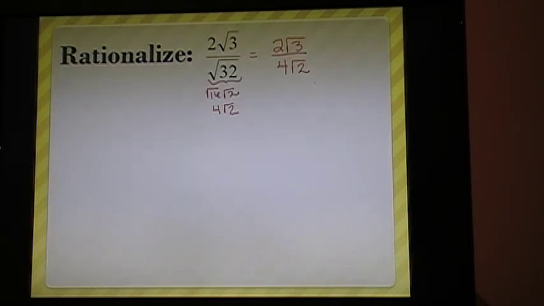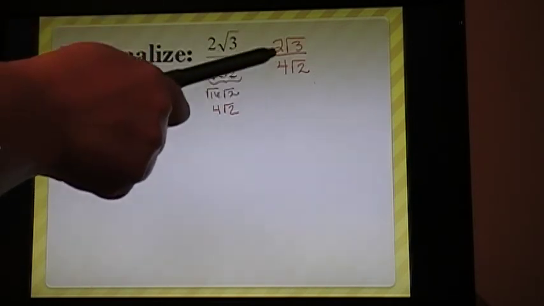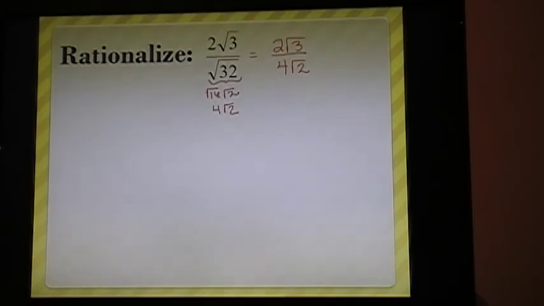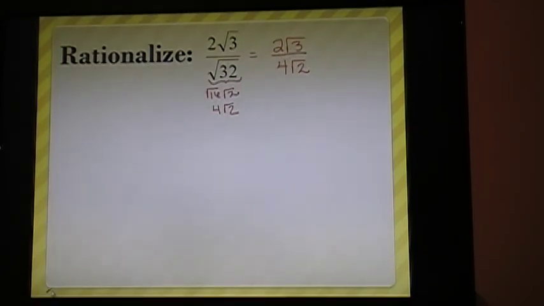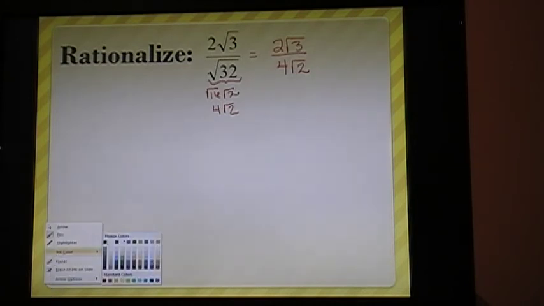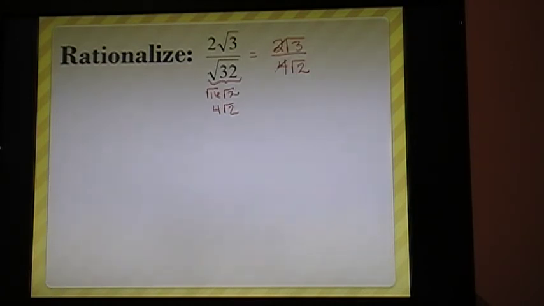And there's lots of routes that you can take. You might recognize now that 2/4 can reduce. We can go ahead and do that if we want. Each is divisible by 2, so that would make a 1/2. So what we have now is the square root of 3 over 2 root 2.